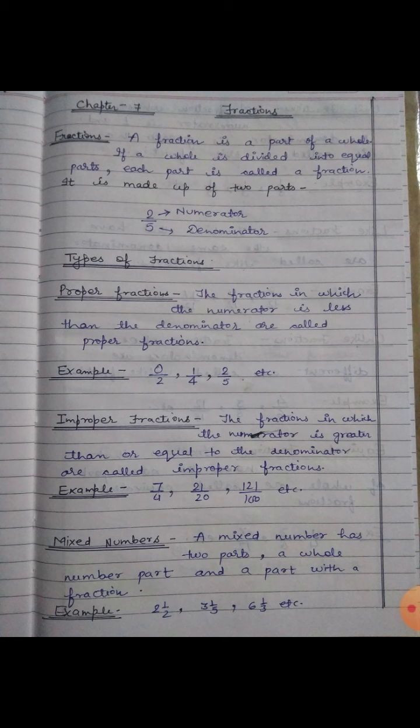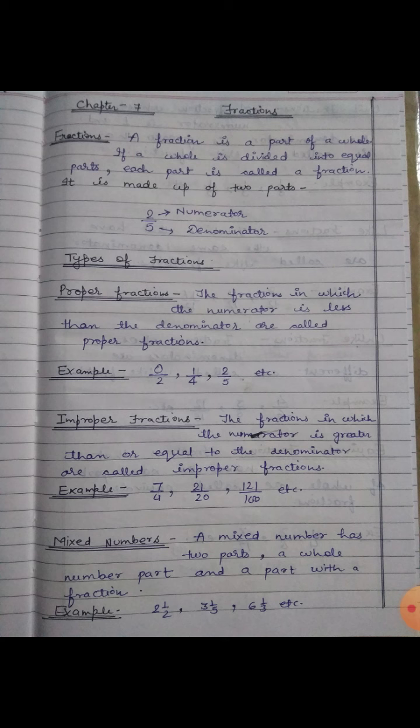But when we cut that cake into different pieces and distribute among the people, that cut part is called a fraction of that whole cake. उस पूरे केक का वो जो पार्ट जो आपने कट करके अपने फ्रेंड्स को दिया, अपने पेरेंट्स को दिया, अपने रिलेटिव्स को दिया, that part is called a fractional part. और वो किसका फ्रैक्शनल पार्ट है? उस पूरे केक का. So a fraction is a part of a whole.